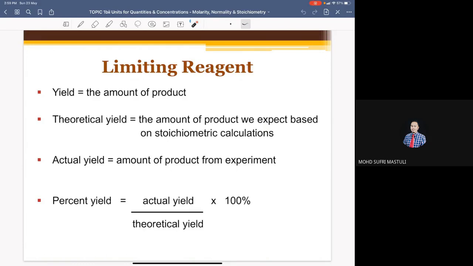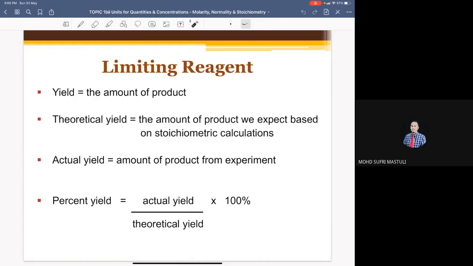In calculations involving a chemical reaction, the important thing you should understand is the concept of the limiting reagent, or limiting reactant. Normally we want to calculate the yield of the product. Yield normally is the amount of product.